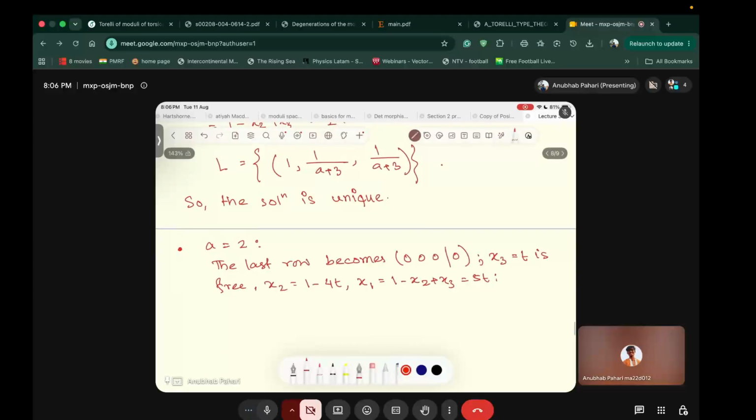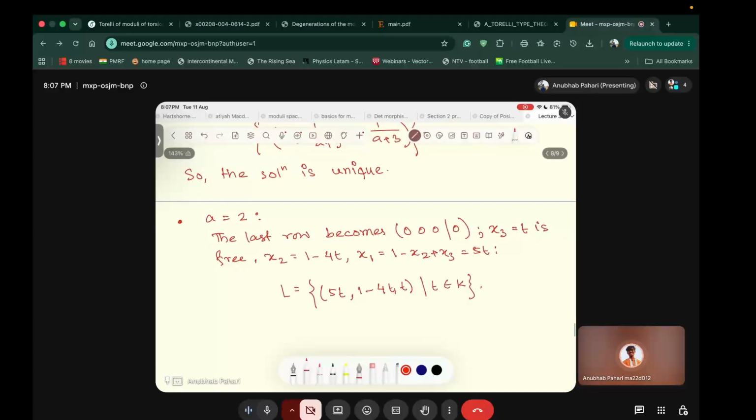Therefore, in this case your solution set is 5t comma 1 minus 4t comma t, where t comes from the field k. So it will have more than one solution.